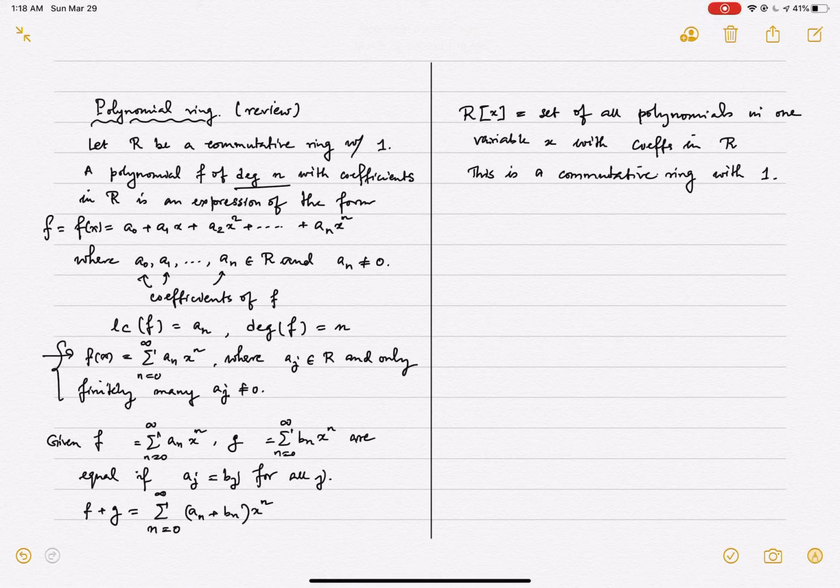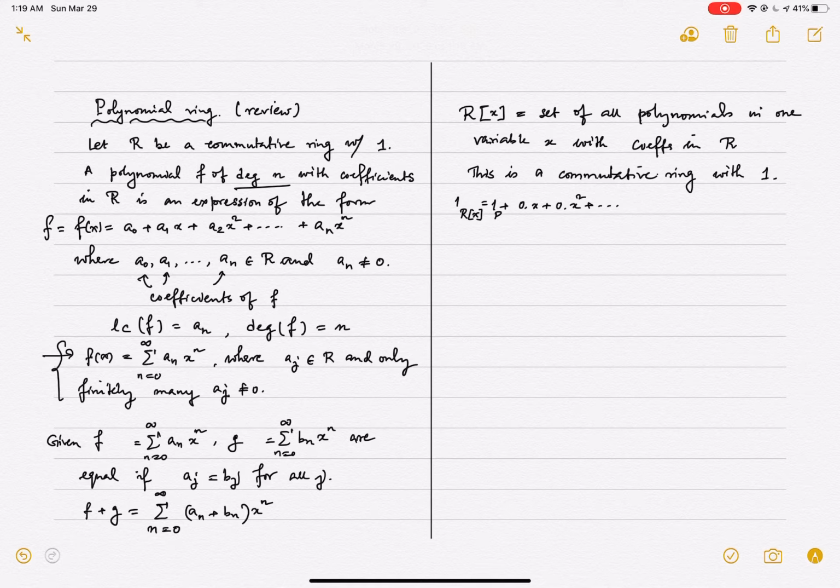The 1 being the degree 0 polynomial, so the 1 of R[x] is the polynomial that goes like 1 plus 0 times x plus 0 times x squared plus and so on.